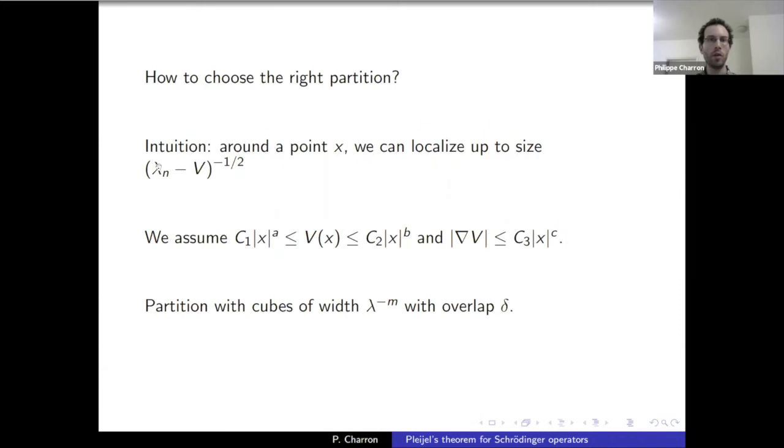Now, in here we have lambda n to the minus 1/2. We're going to assume that we can partition with Z^d, take all these cubes, and make a partition of unity with an overlap of size delta, and then we rescale everything to size lambda to the minus n.